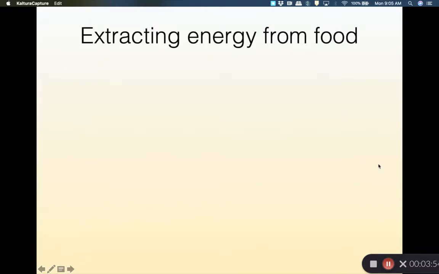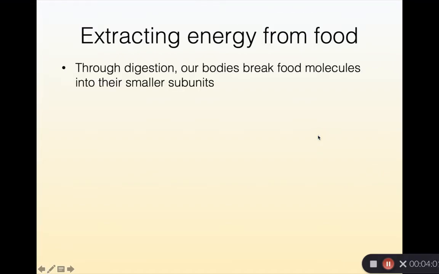Let's zoom back out and understand ATP in terms of extracting energy from food. First, through digestion, which we talked about in our previous lecture, our bodies break up food macromolecules into their smaller subunits, taking those carbohydrates, proteins, and lipids and breaking them down.